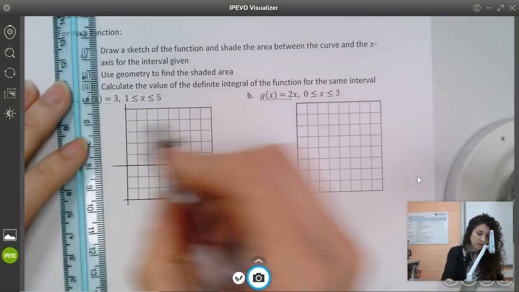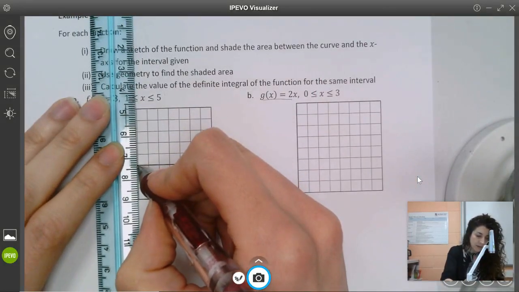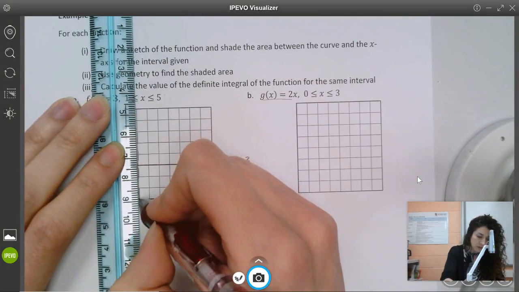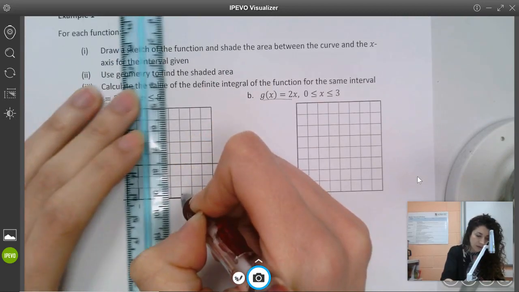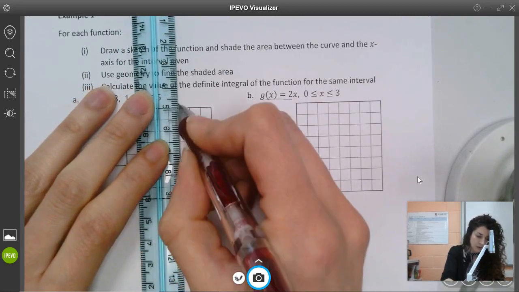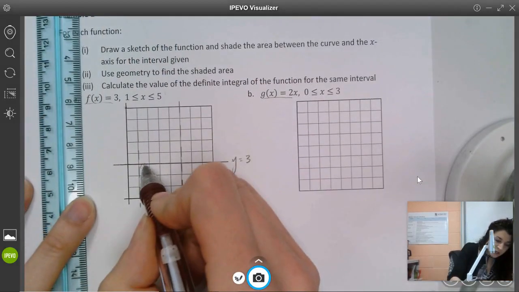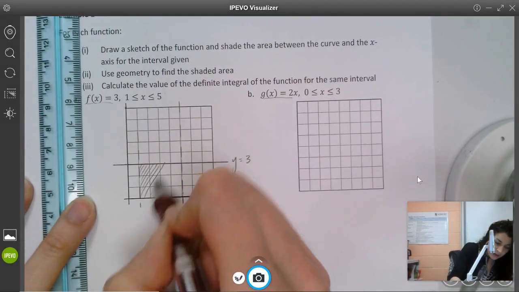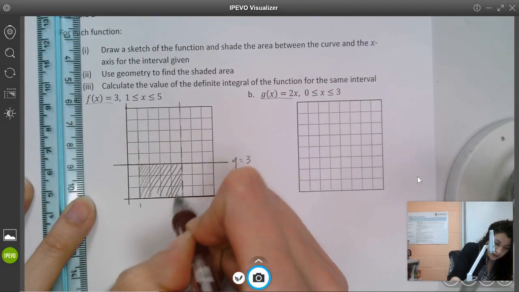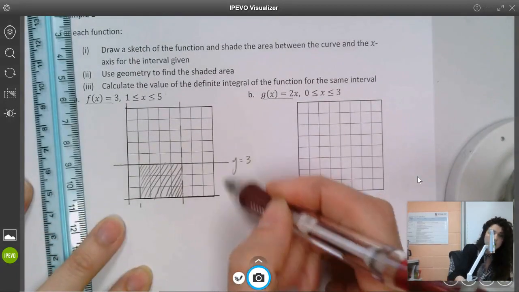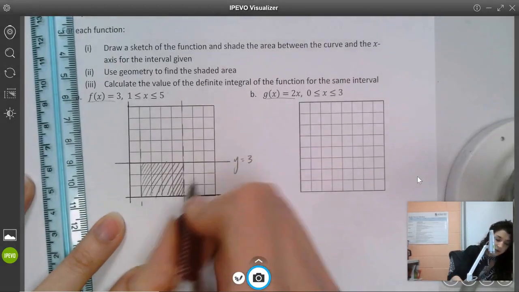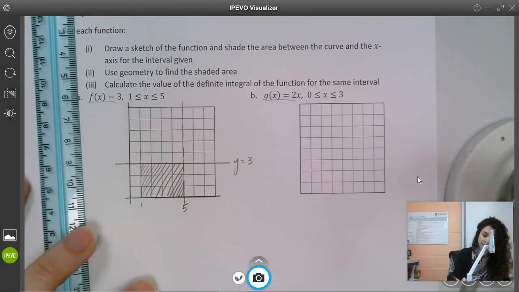And if we're talking about a distance between 1 and 5, we're talking about this area underneath the equation and between 1 and 5.